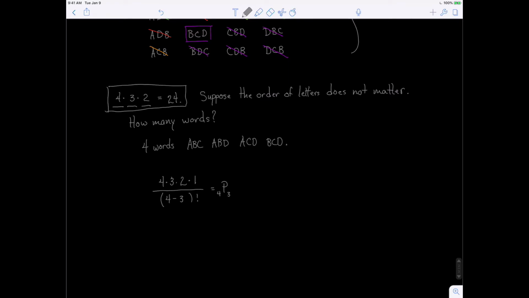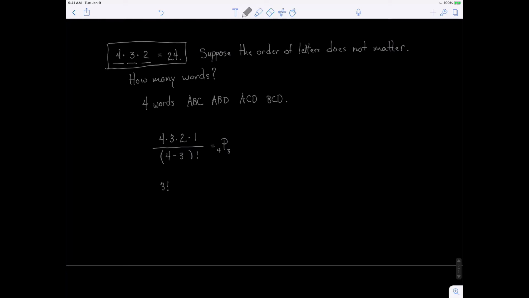Now we said, well, all the groups of 3, those are just repeats. So if you have a group of 3, that can make 3 factorial copies of itself, but we just want 1. So what we needed to do to get our final answer is take our permutation and divide it by the repeats, since order does not matter.